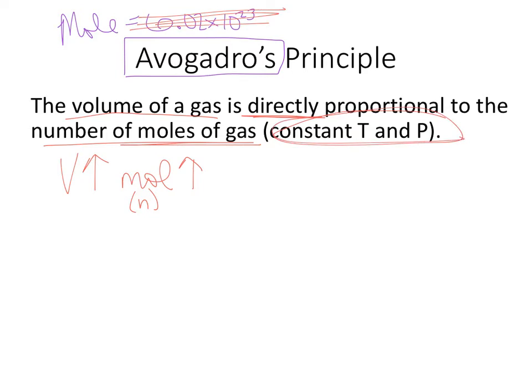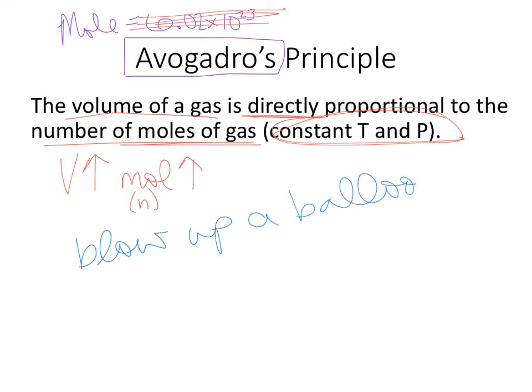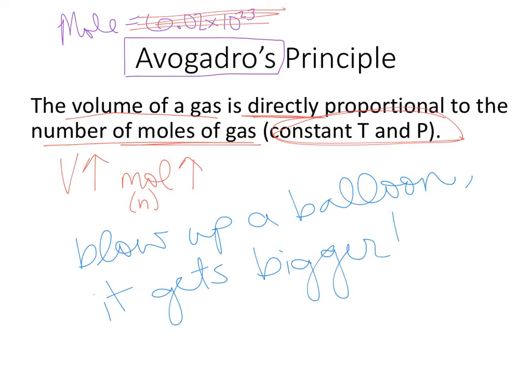So essentially what Avogadro's principle says is if you blow up a balloon, it gets bigger. Now, that seems kind of silly to just say. Well, of course, if you blow up a balloon, it gets bigger.